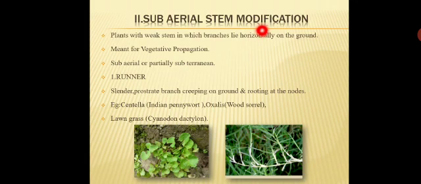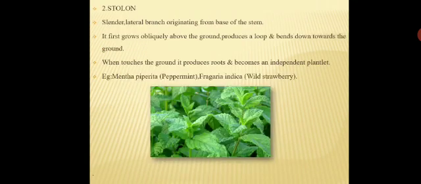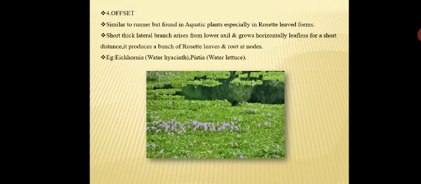The underground stem modifications are classified into four major categories. First one is called bulb, second one is called corm, third one is called rhizome, fourth one is called tuber. Again, I explain: underground stem modifications are classified into four major categories. Bulb, for example Allium cepa, Allium sativum. Corm, Colocasia.